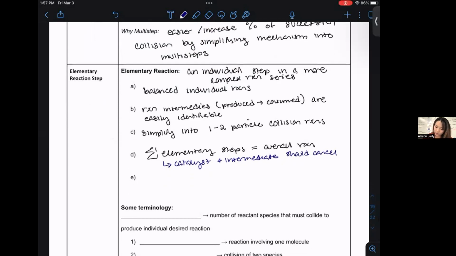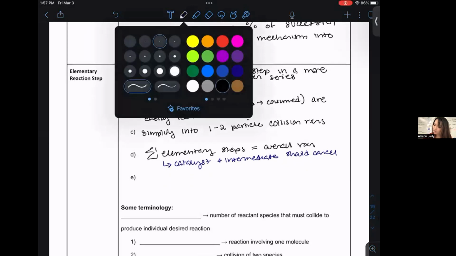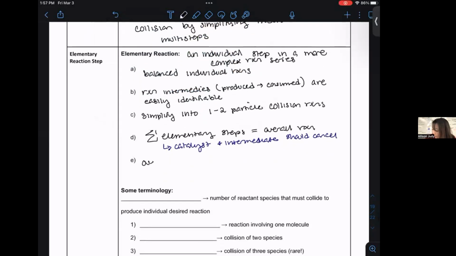The overall rate law of your reaction is determined by the slowest individual reaction rate law.